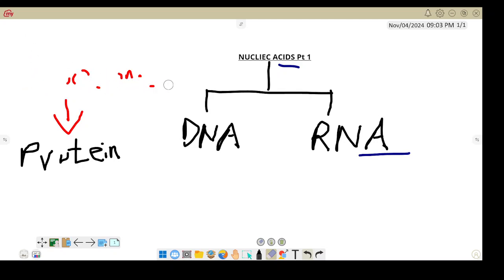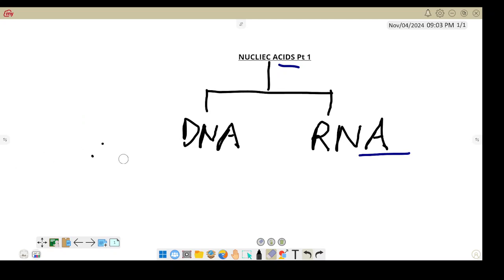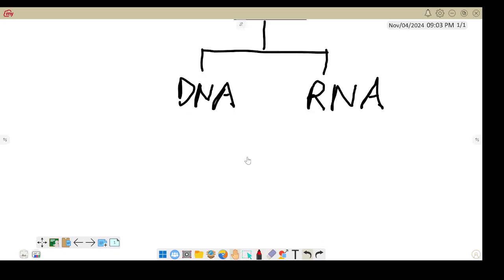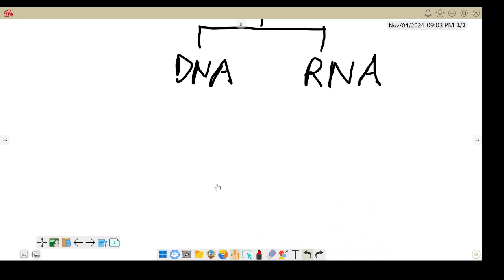So we can talk about these two: what are the key differences between the DNA, and what are the things found on the DNA and also on the RNA? Some of the things we can take note of. I emphasize, kindly write down what we're discussing.